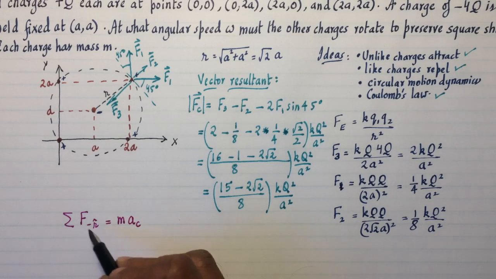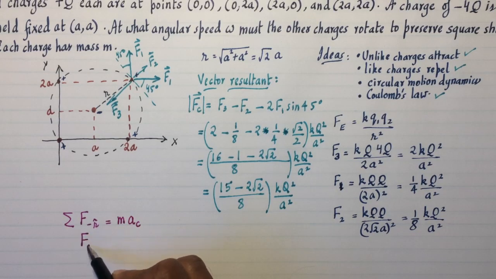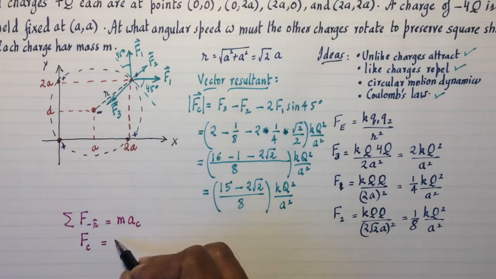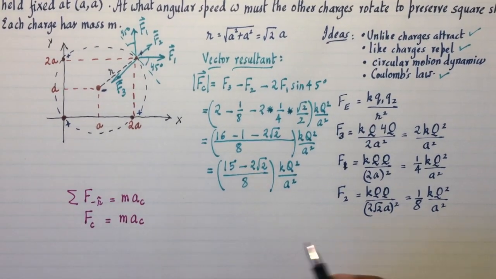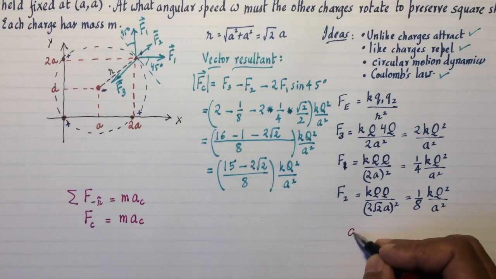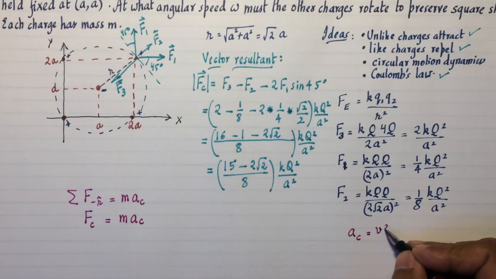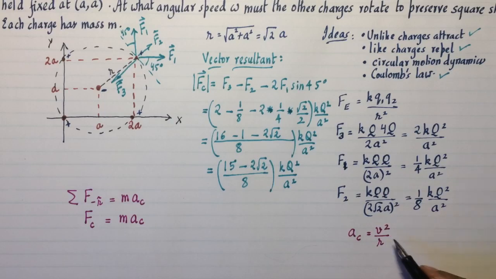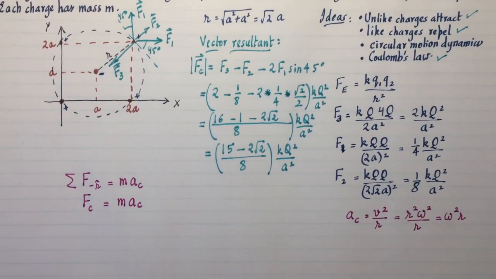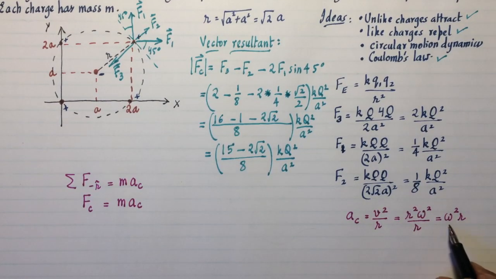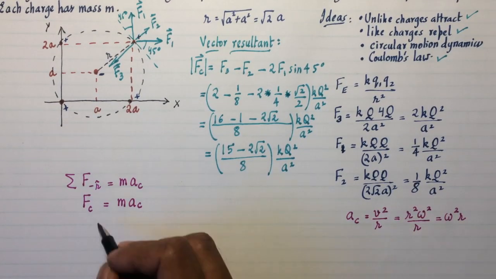The shorthand for this is simply the centripetal force is equal to mass times the centripetal acceleration. The centripetal acceleration is v squared over r, but v is equal to r omega, so this gives me r squared omega squared over r. So that's another way of writing the centripetal acceleration. It can be written as omega squared times r.